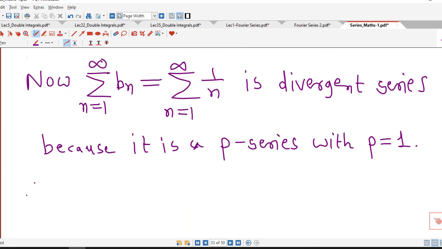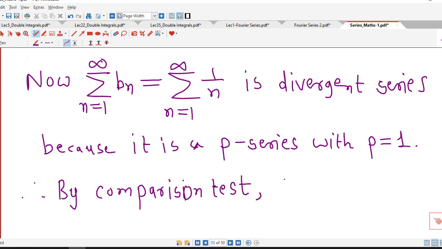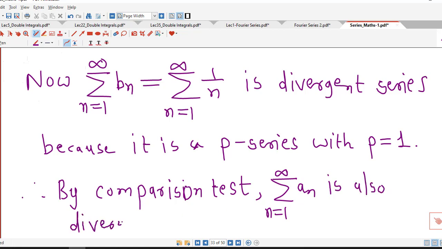So now sigma bn is divergent and sigma an is bigger than sigma bn. So therefore by comparison test, sigma an, n equal to 1 to infinity, is also divergent.